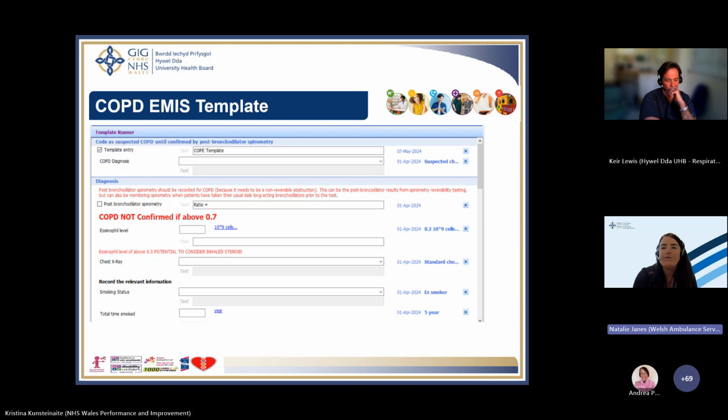So this was the first draft of the EMIS template. We're currently working on a second draft, and as you can see, it's quite simplistic and easy to read. It highlights in red, and it red flags when things need to be acted on.